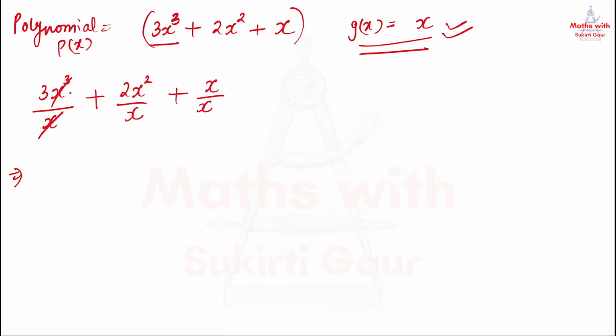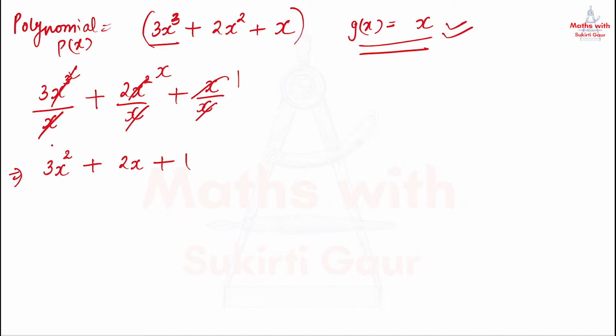This x will cancel out, x cube by x square, so it will become 3x square. Then x square by x will give us 2x, plus x by x is 1.